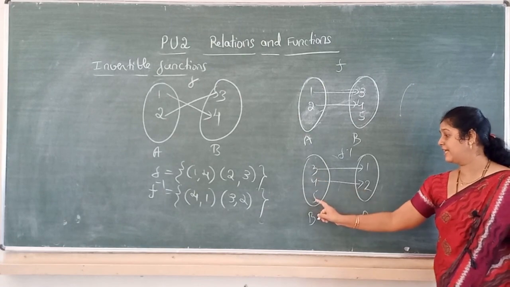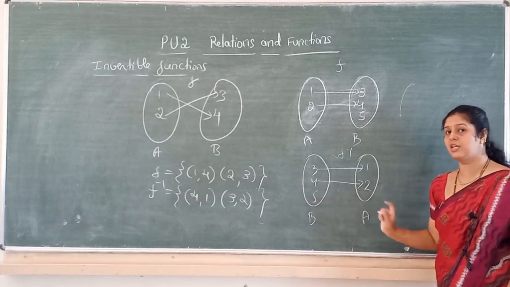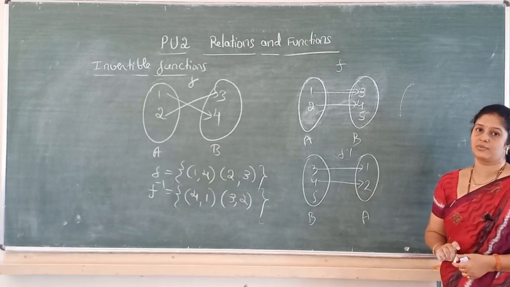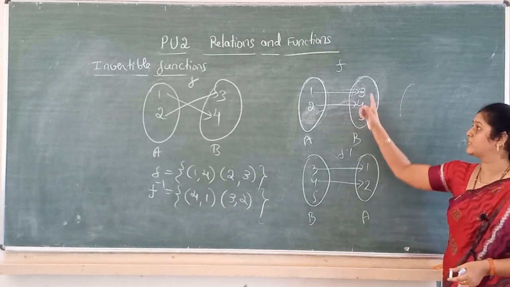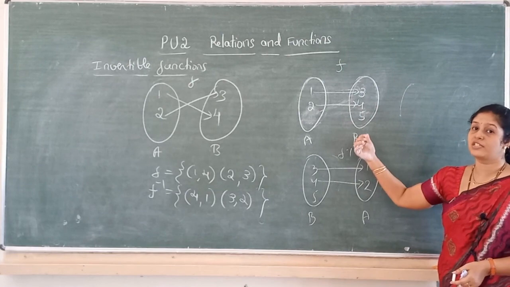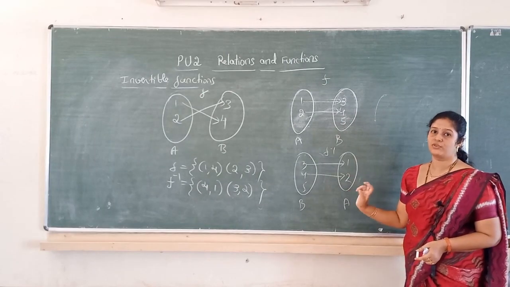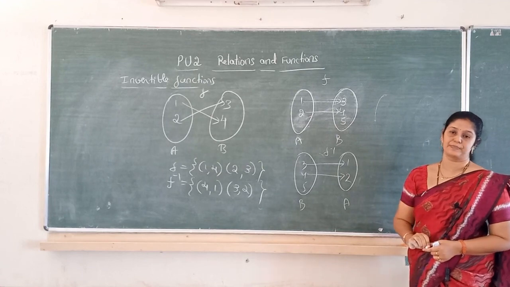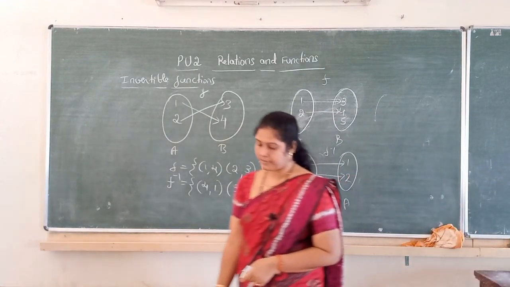Now 5 is an element but it has no image. Therefore, f inverse doesn't exist. So even though f is 1-1, f is not onto, therefore f inverse doesn't exist. Thank you.